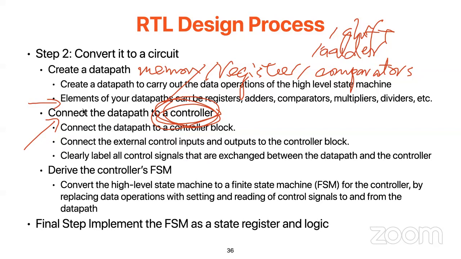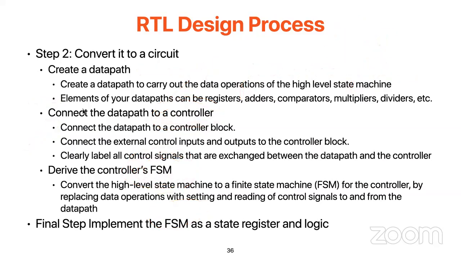And then try to create a controller and derive the controller's finite state machine. That's why we still need to teach you finite state machines first, because the high-level state machine ends up breaking down into finite state machines in your controller. And the final step in implementing that is to put them into the logic.